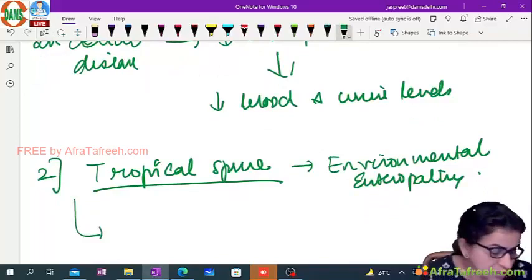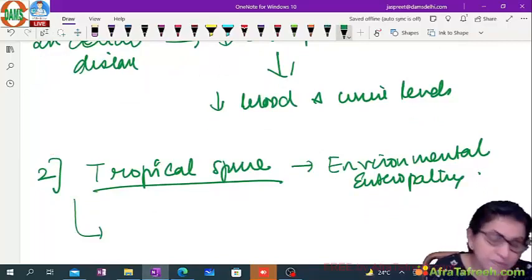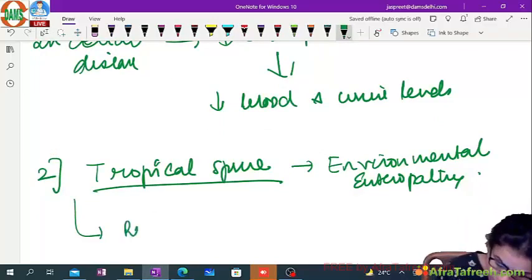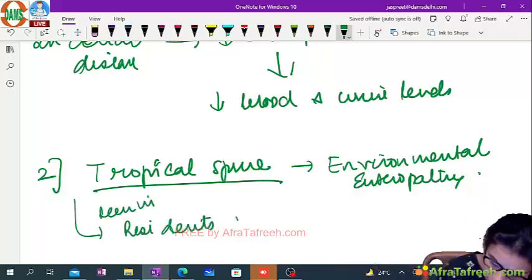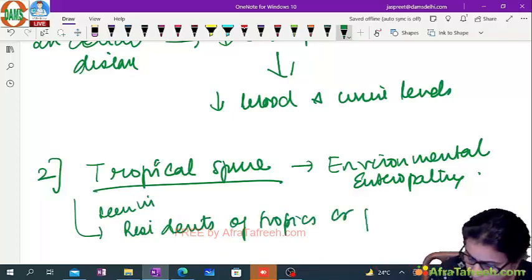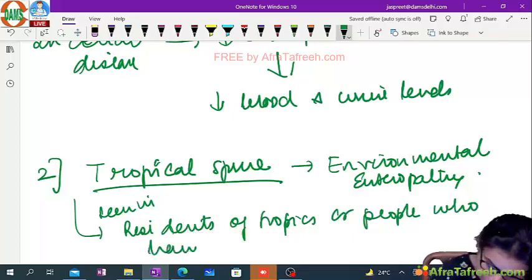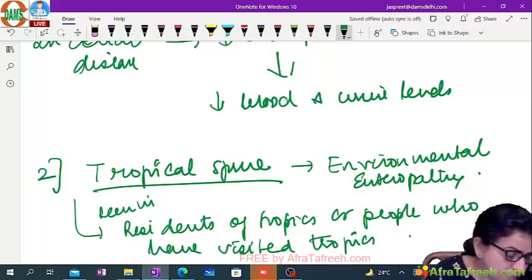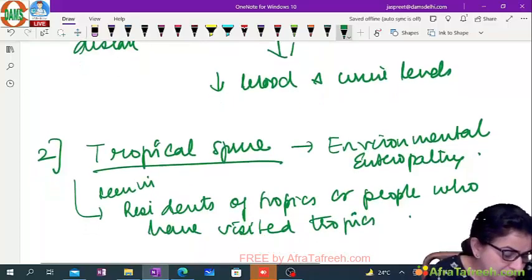Tropical sprue is usually seen in residents of the tropics, or people who have recently visited the tropics.